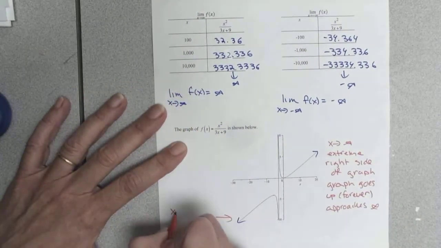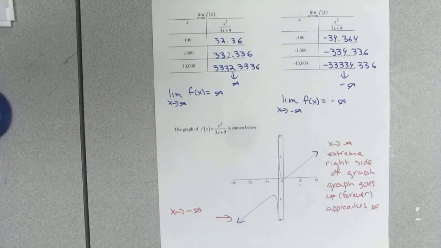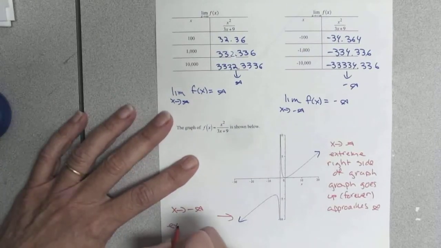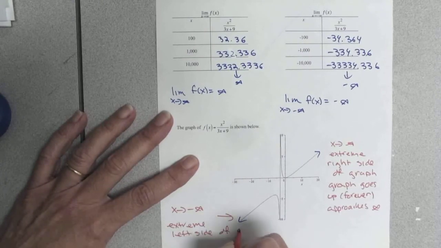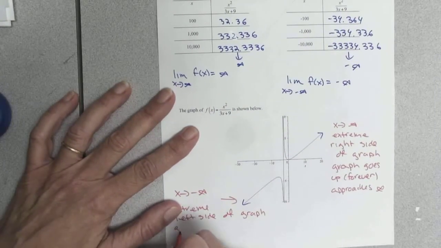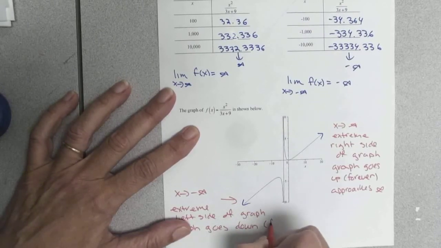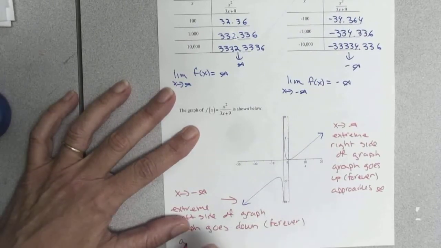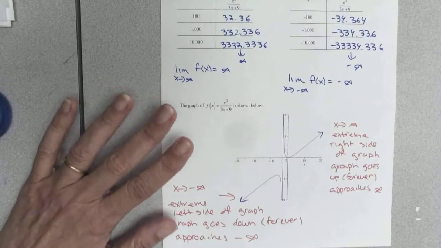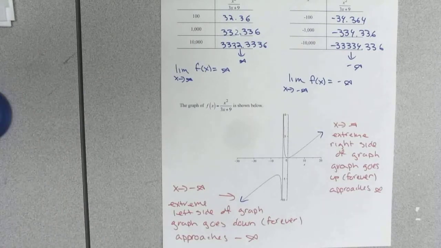Over here, the extreme left, as x approaches -infinity, extreme left side of the graph, the graph goes down forever. Approaches -infinity. So again, the graph can predict the limits. And again, notice it's only about the extreme left and the extreme right. It has nothing to do with the center.